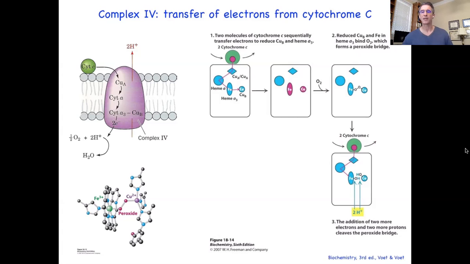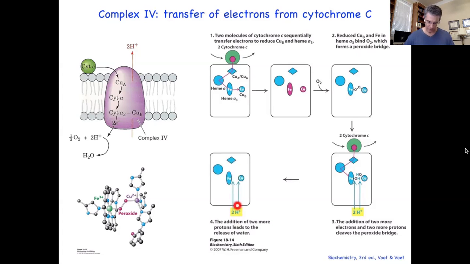and a couple more cytochrome Cs pass through that pull electrons down, and this results in a rupture of that peroxide bridge and the formation of essentially a metal-bound oxyhydroxyl group. Okay. Two more chemical protons are then pulled into the complex, creating water, and resulting in the reoxidized iron in that heme A site and the copper B site.